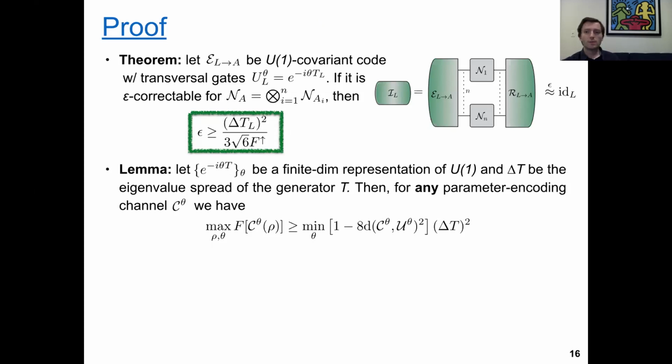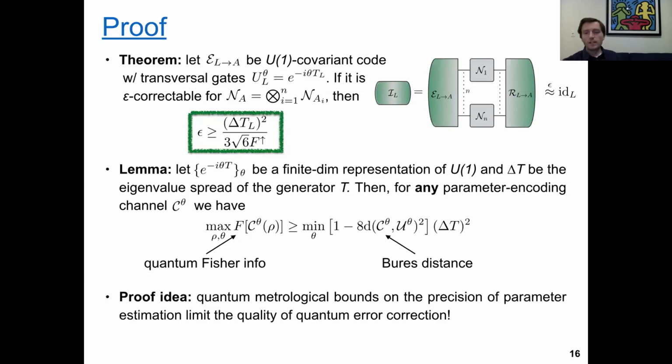The statement of the lemma is specified on the slide, but roughly speaking, what the lemma tells us is that we have some parameter encoding channel, C theta, and we can relate the quantum Fisher information for that channel with the Bures distance between this channel and the unitary channel, the rotation by angle theta.